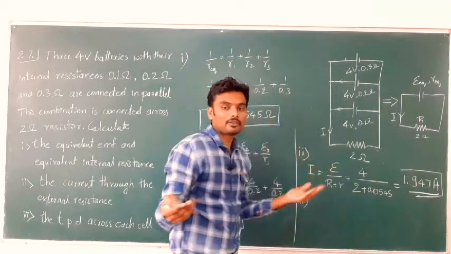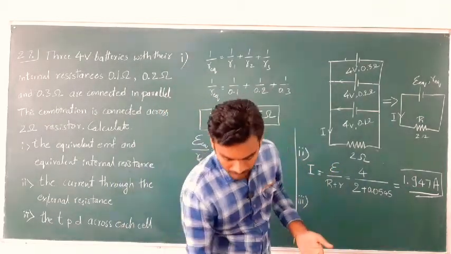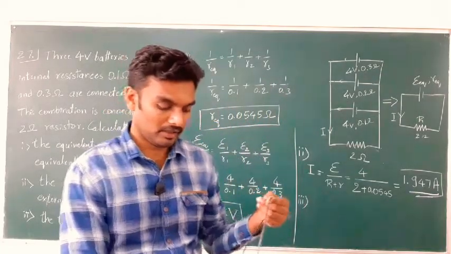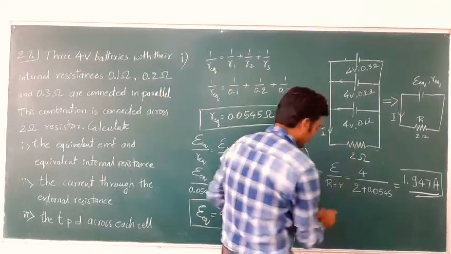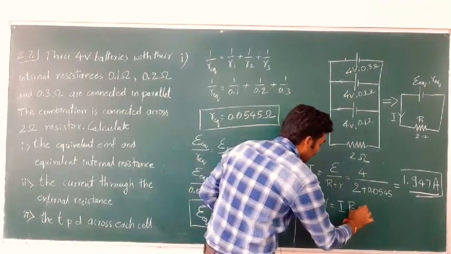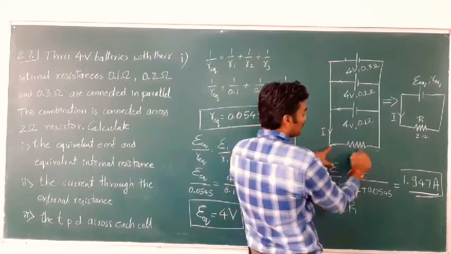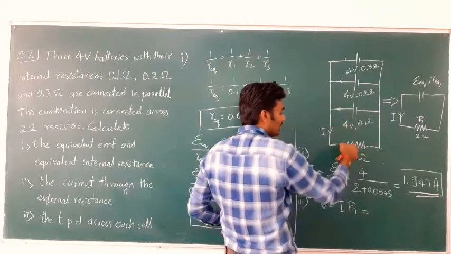So it's quite simple, making use of Ohm's law, right? Ohm's law gives us the answer for the third sub question. Ohm's law says V is equal to IR. Ohm's law applied across this resistor, what is the current through this resistor?